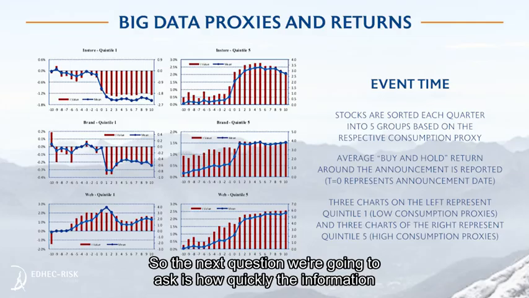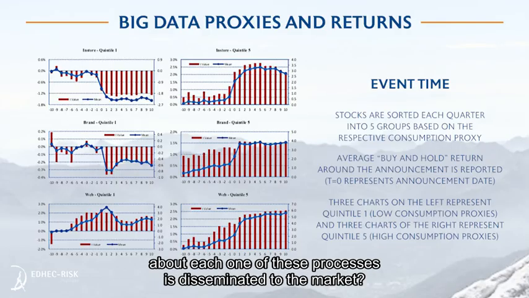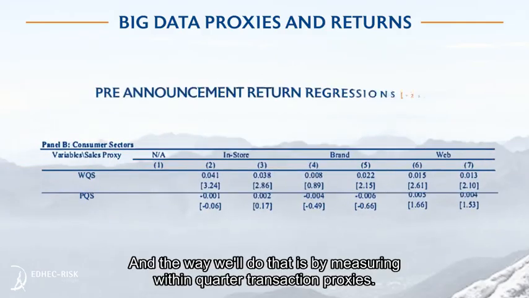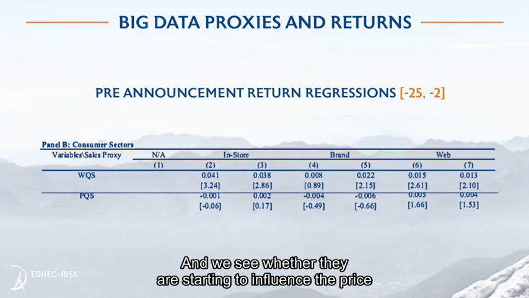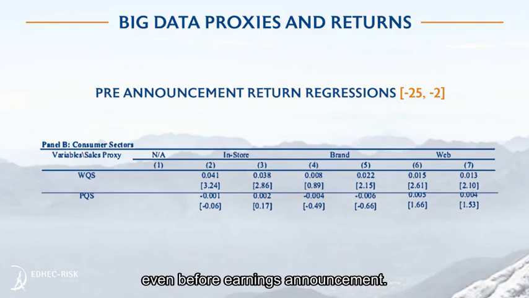So the next question we're going to ask is how quickly the information about each one of these proxies is disseminated to the market. And the way we'll do that is by measuring the within-quarter transaction proxies, and we see whether they are starting to influence the price even before earnings announcement.